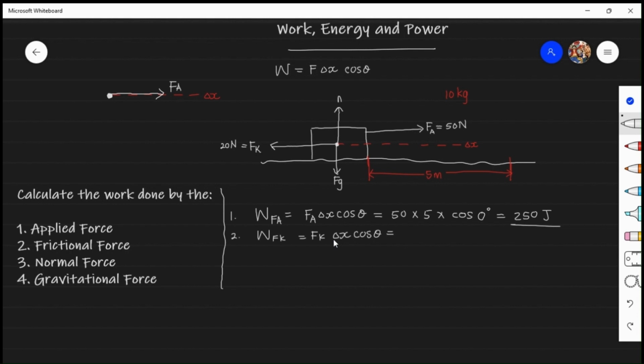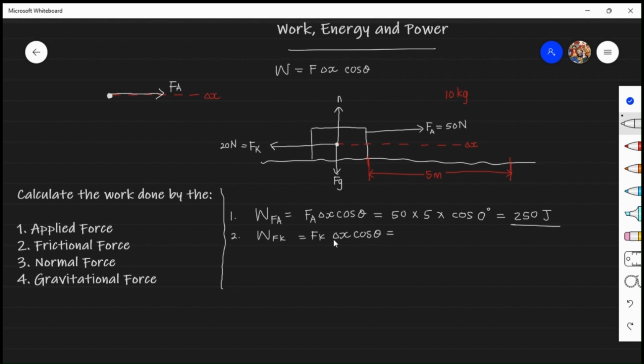Work is equal to the force times the displacement times cos of theta, whereby theta represents the angle between our displacement vector and our force. So the only difference between them is the subscript, so that we can specify what work we are calculating, whether it's the work done by the applied force or the work done by our frictional force.